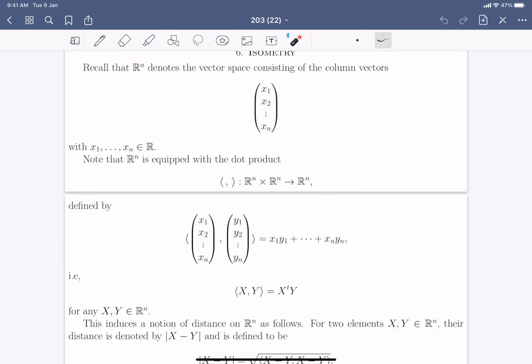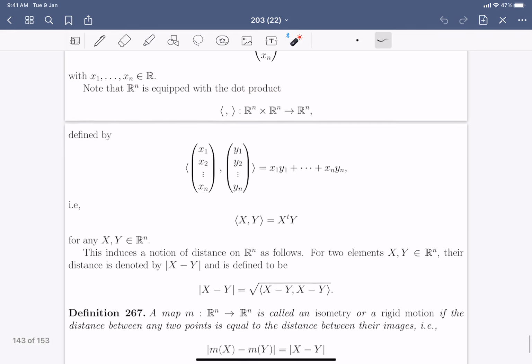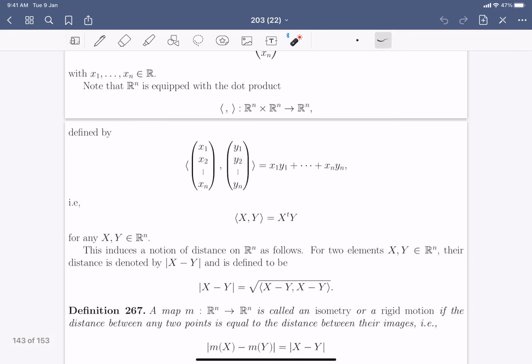You know that it comes with this notion of addition. One can scale the elements of Rn by real numbers and so on. This Rn, this space, is equipped with a nice structure which is known as the dot product, or sometimes it is also known as the inner product. So it takes two elements of Rn, that is two column vectors consisting of n coordinates as the entries, and defines their product as follows.